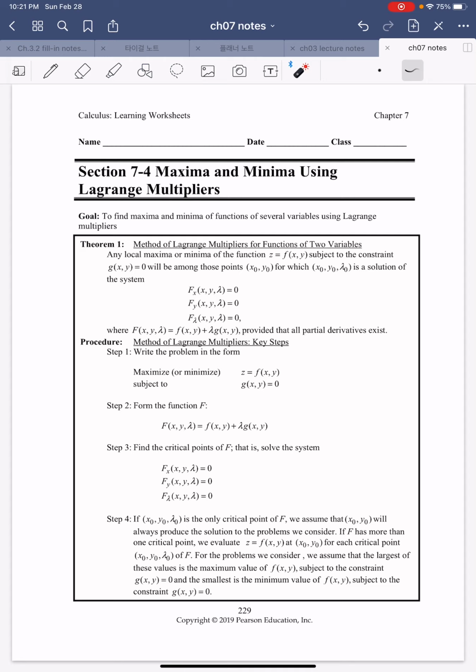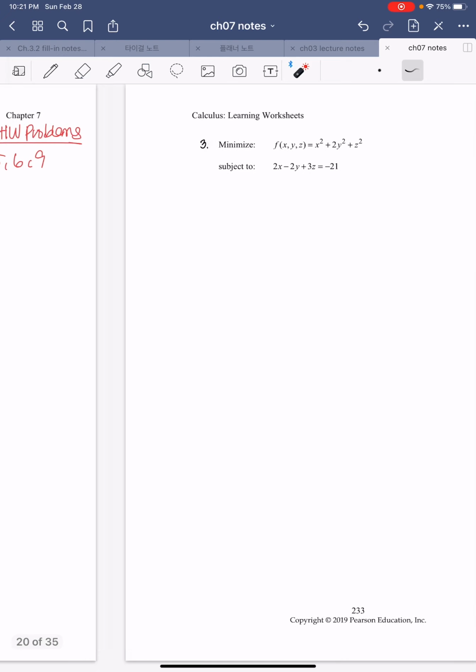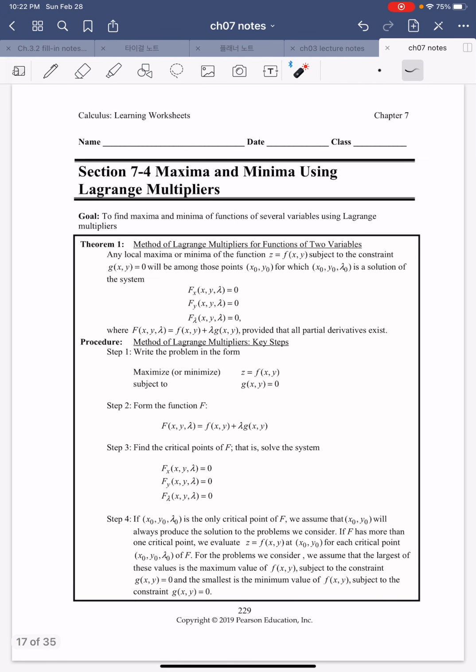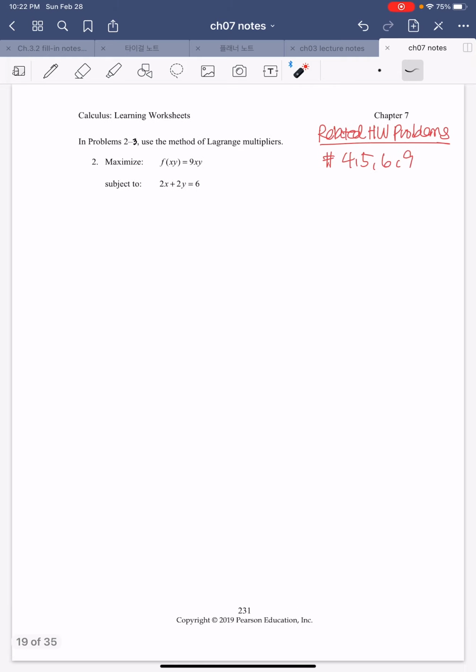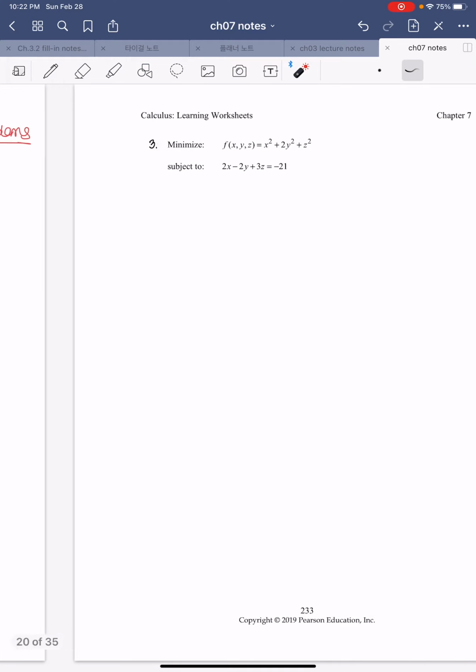The best way is, I'm not going to read through the whole page because it's written right there. I'm going to jump right into these 3 different examples and then go over these 4 steps so that you feel comfortable going into the procedure 1, 2, 3, 4, rather than for me to just read through and then you get lost. That's the best way to approach it. These 3 examples will give you 3 different scenarios.